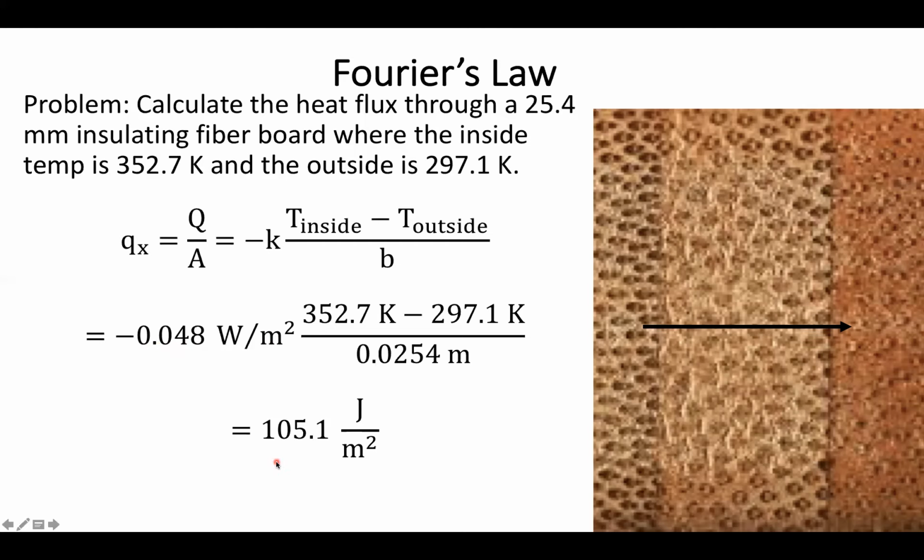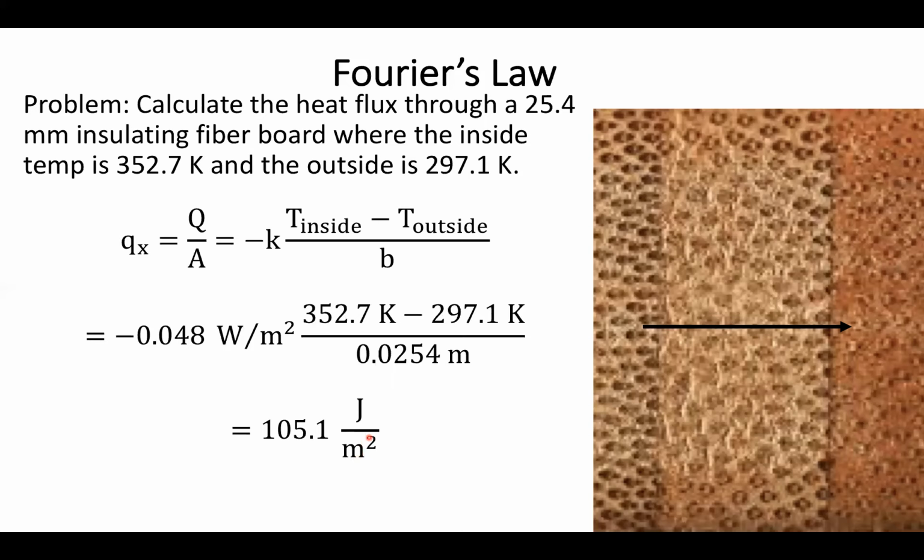What this translates to is that fiberboard under these temperature regimes should allow about 100 joules of energy to flow through per second, through every square meter of fiberboard. So this is a fairly insulating system and will have relatively low heat flows. But when you scale this up from seconds to minutes or hours, it's actually a fairly substantial heat loss, and you may want to choose better insulating materials.